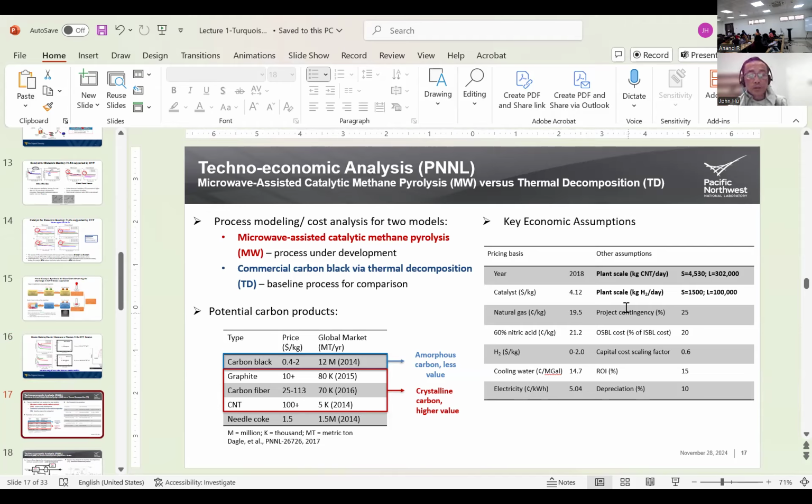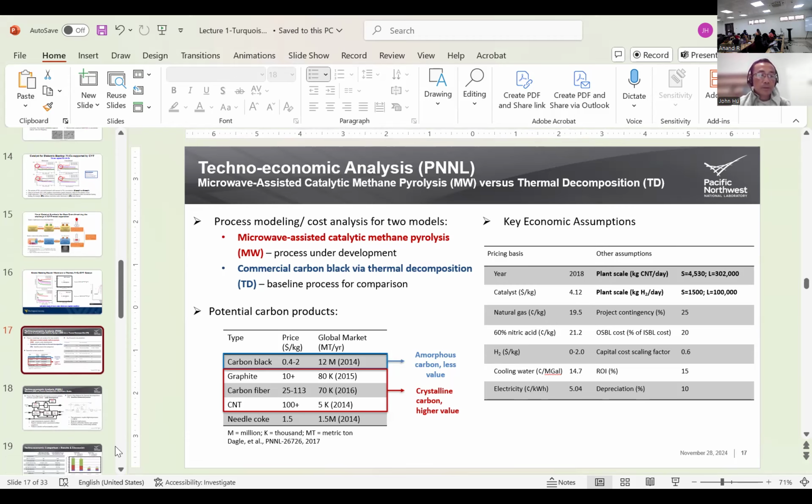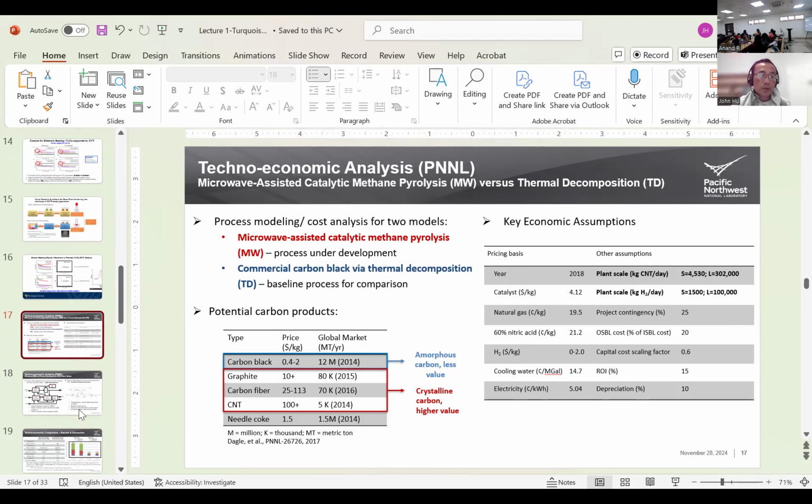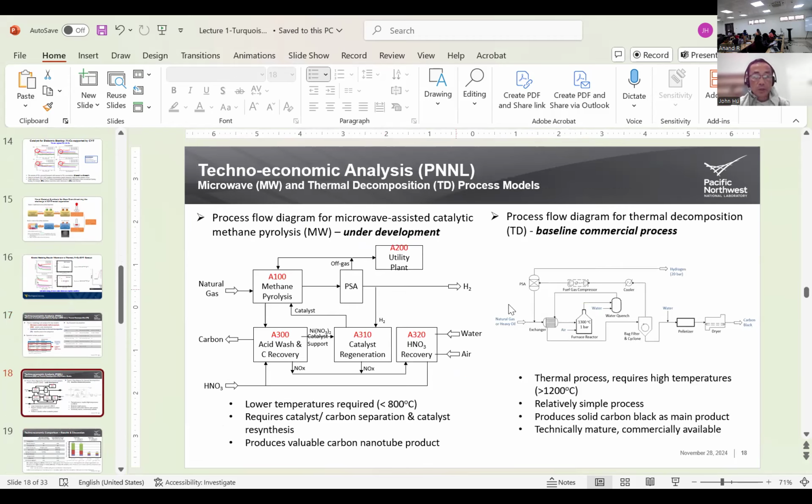So these are the data we use: how much the catalyst costs, how much the raw material costs, and how much hydrogen we can sell. All these are the data we need to factor into the process simulation, and then end with the techno-economic analysis. When you do the techno-economic analysis, you need a process simulation.